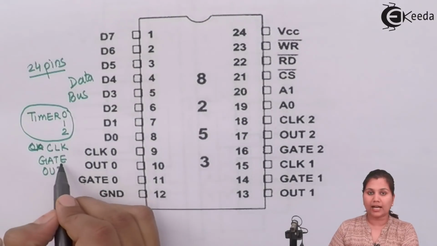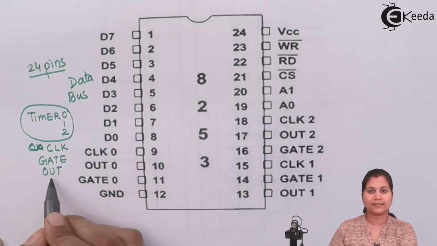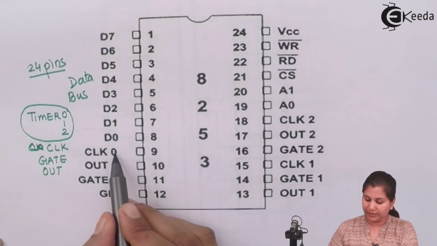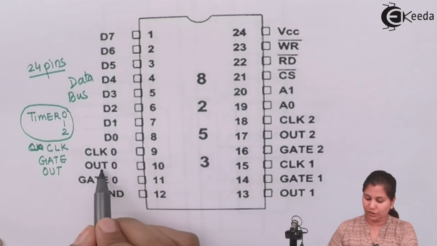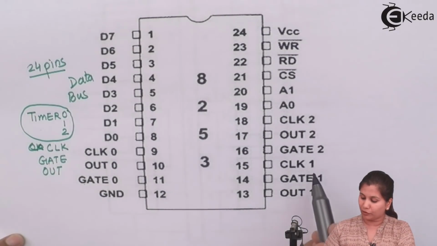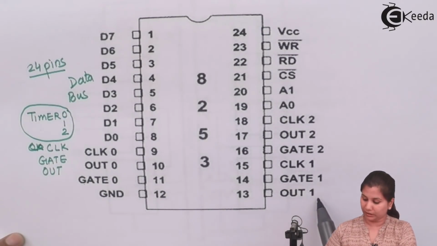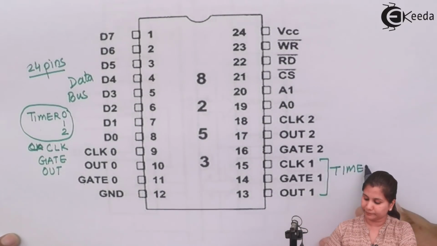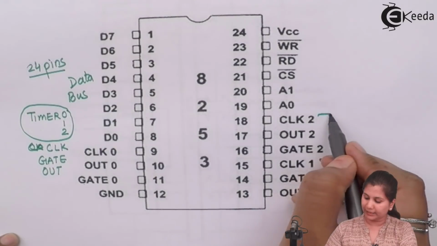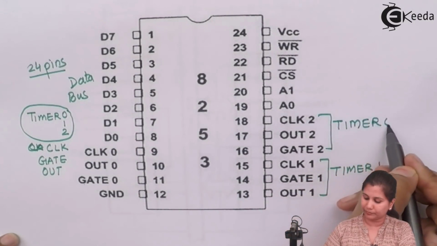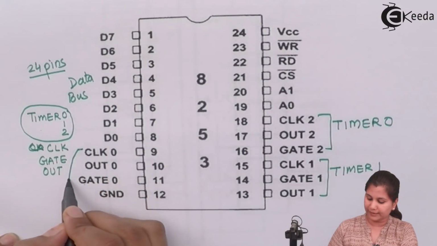Clock and gate are the input signals and out is the output signal of the timer. For timer 0, we have clock 0, out 0, gate 0. For timer 1, we have clock 1, gate 1 and out 1. And these 3 are for timer 2.